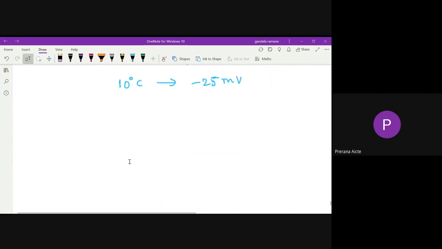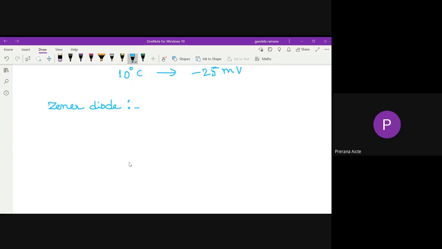So next topic, Zener diode. We know very well, in an ordinary diode, the doping concentration is 1 in 10 power 8 atoms.